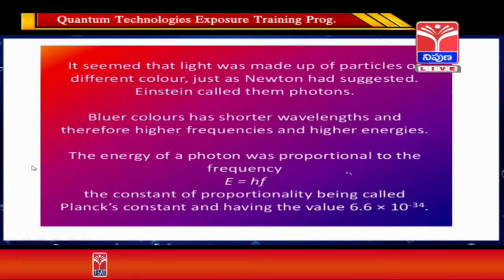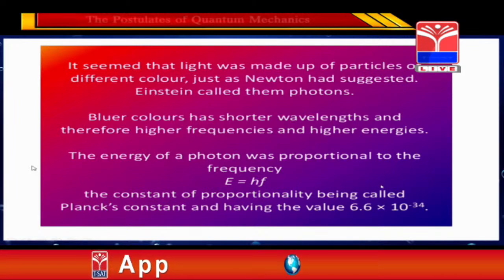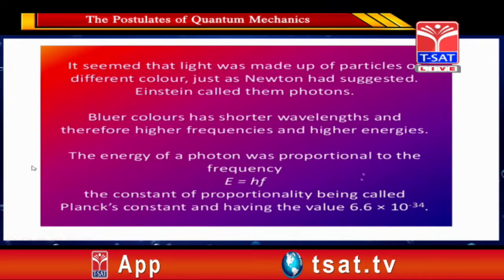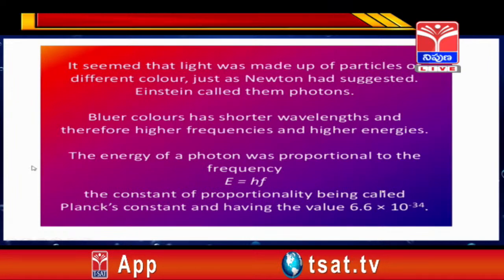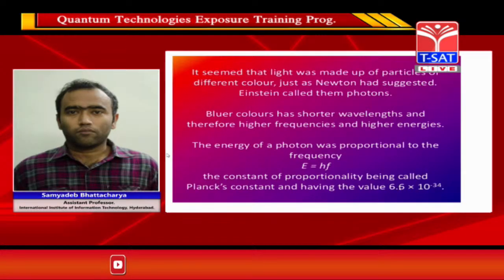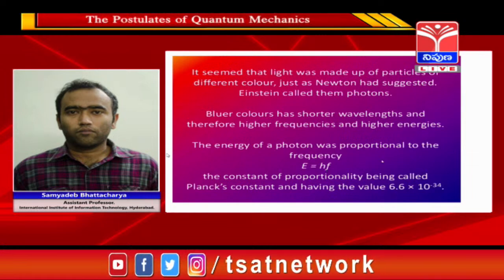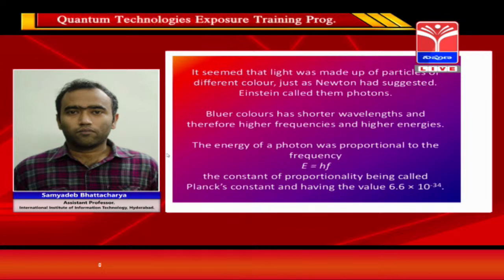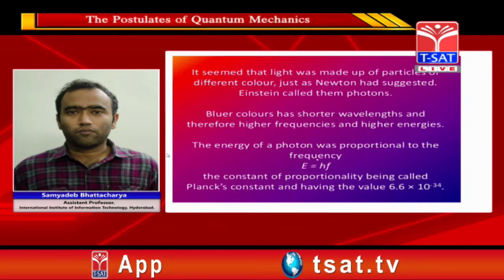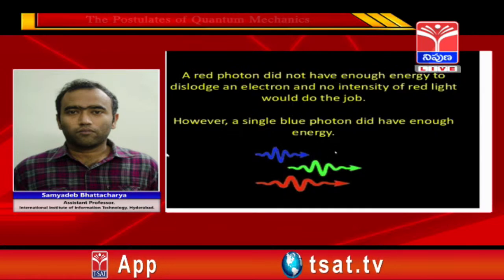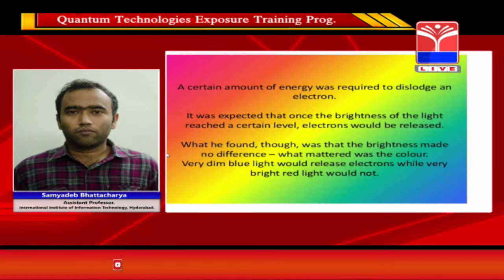Just like the gravitational constant capital G, not the gravitational acceleration, the mass of an electron, or the speed of light in vacuum, this h, Planck's constant, is also a universal constant.